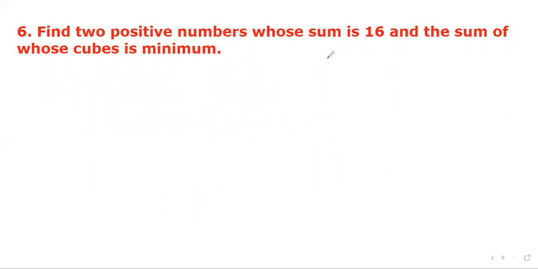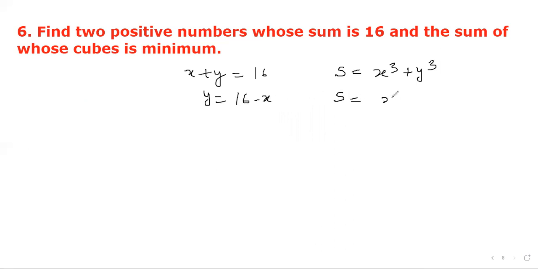Find two positive numbers whose sum is 16 and the sum of whose cubes is minimum. So x plus y equal to 16, and the sum of whose cubes. So we write s as x cube plus y cube, and this is to be minimized. From here y equal to 16 minus x, so s will be equal to x cube plus (16 minus x) whole cube.